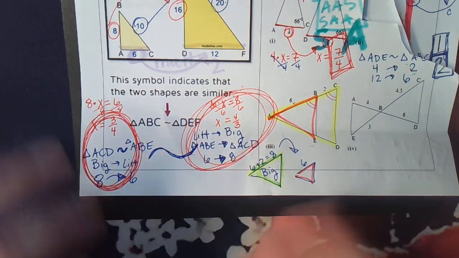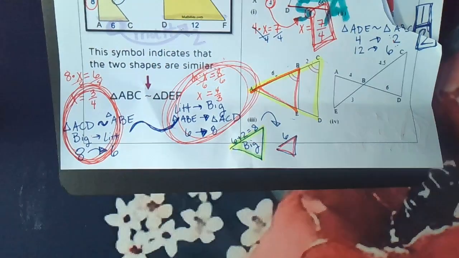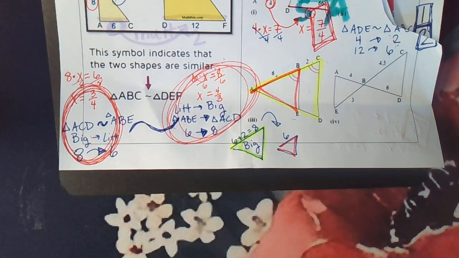Okay. Let's look at this next picture. It does not have any congruent angles labeled, but we have learned something.